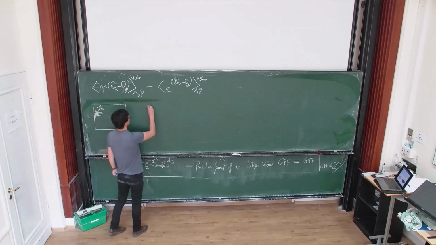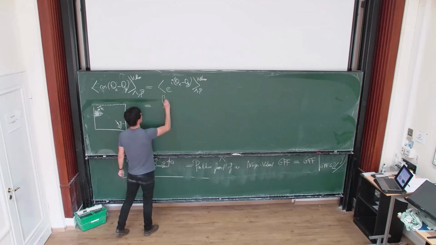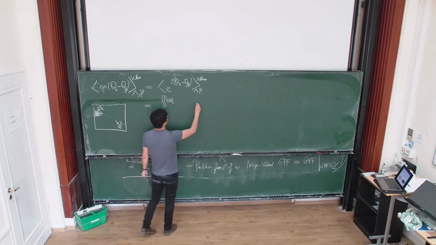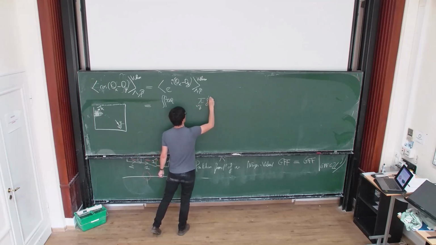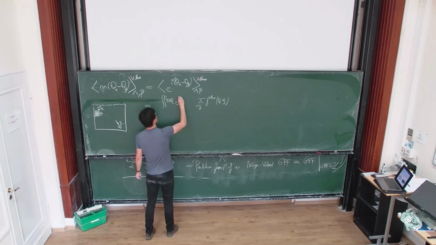Once I have done that, this is an integral against the uniform measure of the Gibbs weight that we had before, F Villain of theta i minus theta j. But I insert two things. I insert e to the i theta x and e to the minus i theta y.